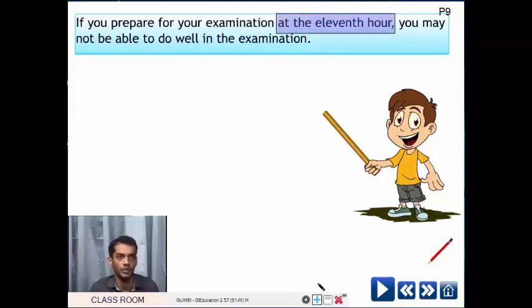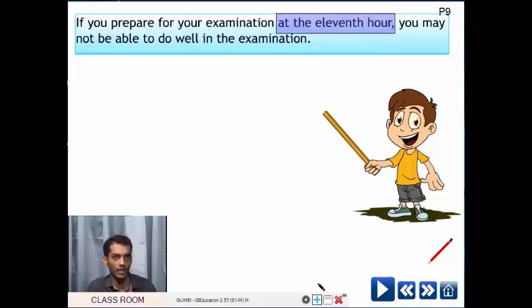Try to understand the meaning of this idiom in the context it is used. If you prepare for your examination at the 11th hour, you may not be able to do well in the examination. Can you guess the meaning? I have already told you the meaning is different. Let me give one example.